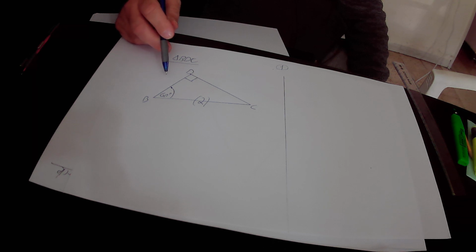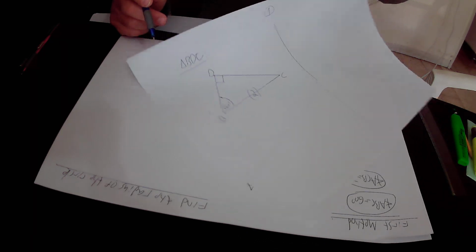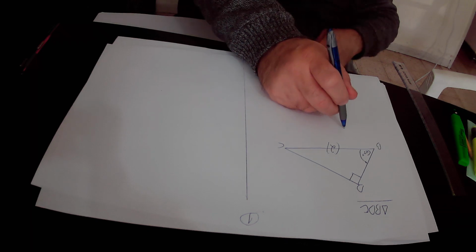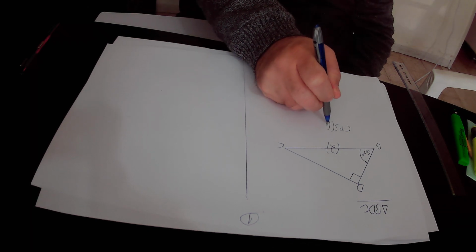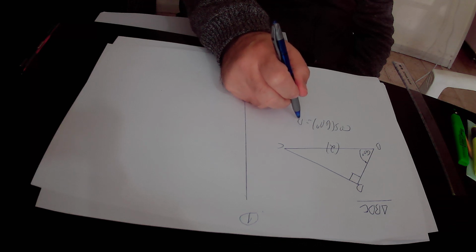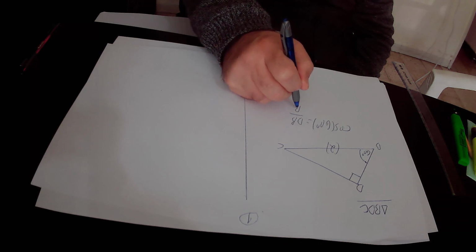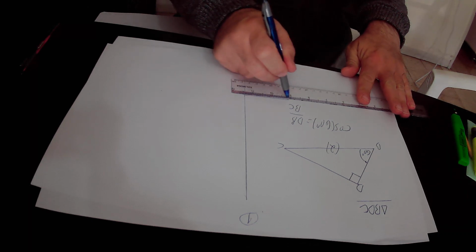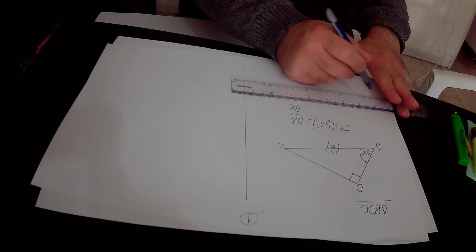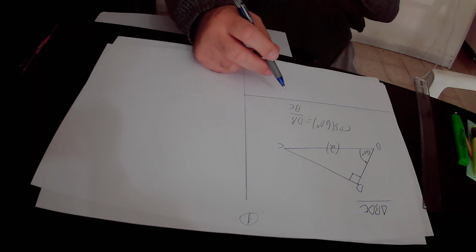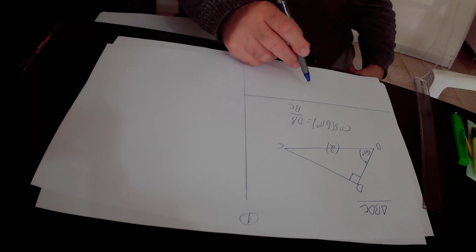cosine 60 degrees will be equal to DB over BC. So I write it down. Cosine 60 degrees equals DB over BC. Cosine 60 degrees is 1/2.